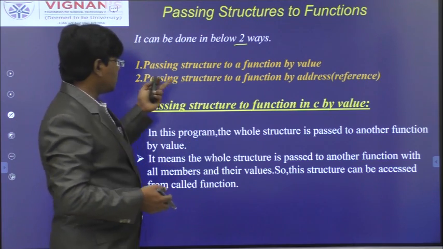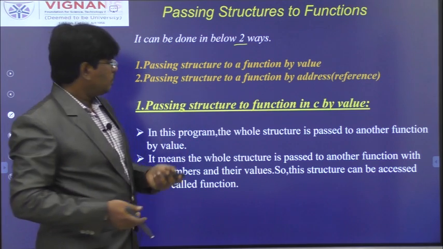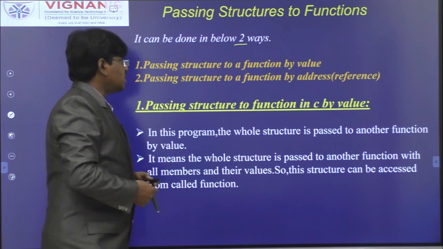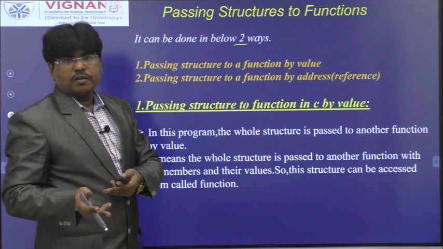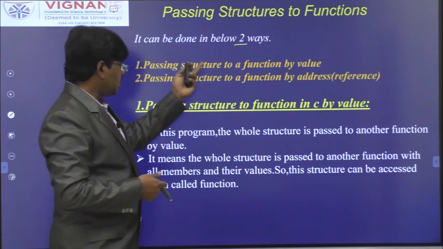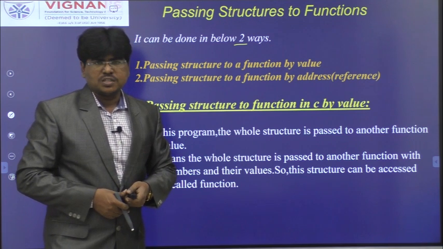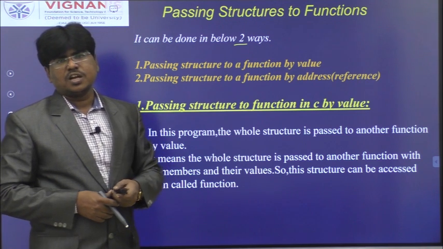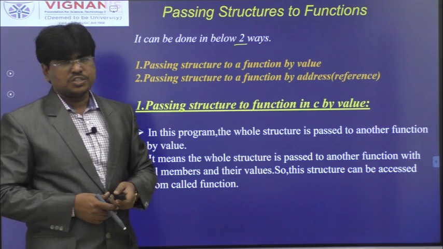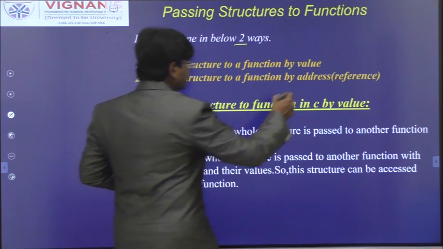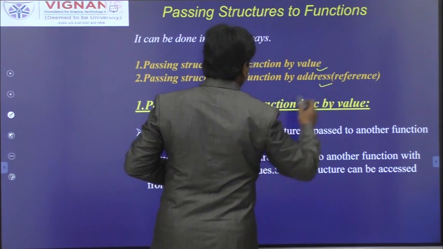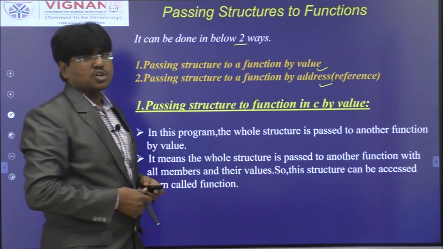The second one is passing a structure to a function with the help of address, so instead of passing a value, we are passing the address. It is the same call by value and call by reference concept, but we are discussing it in the concept of structures. That is the only differentiation. These two processes happen whenever a function call is made.